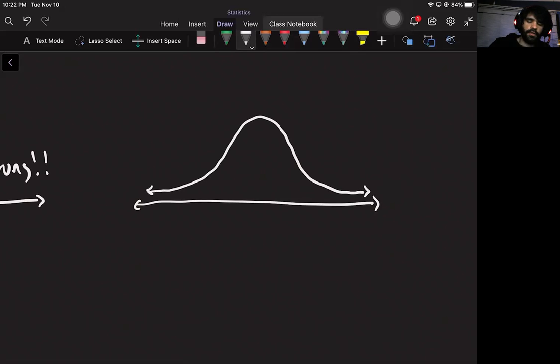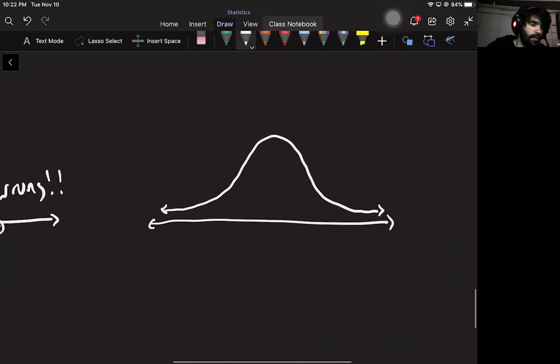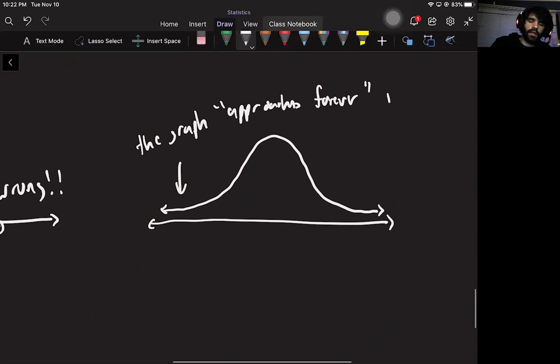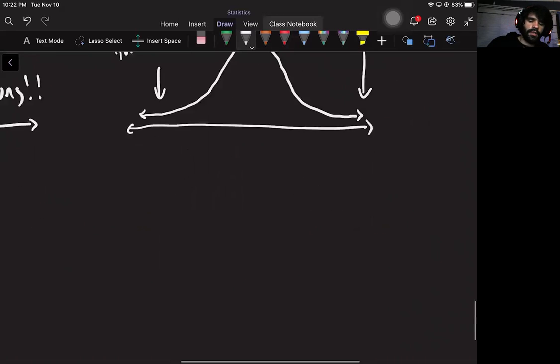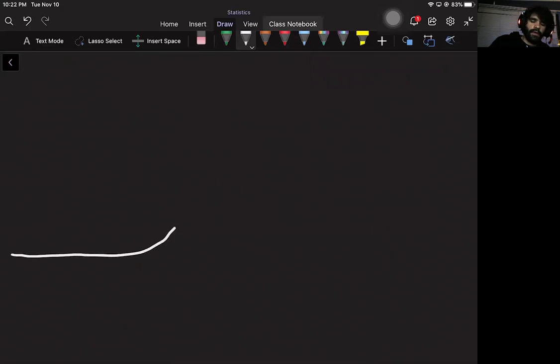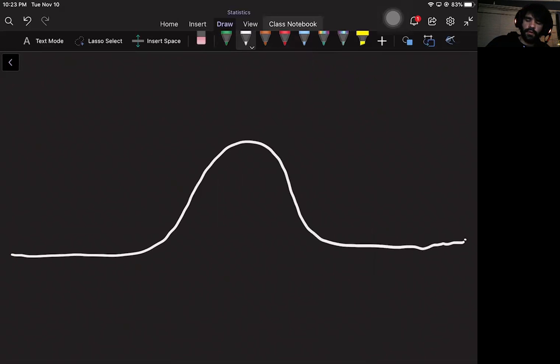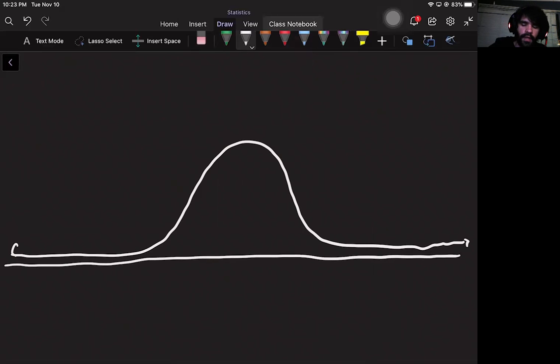But I can't actually draw such a situation, so I just draw it like that. But secretly what's happening is that the graph, you could say, approaches the x-axis forever. That happens on both sides. But we just draw it ending with little arrows because I can't draw further. But if you want to be super precise, you could go something like this, super far, and say, okay, they're very, very close to the x-axis. But we're not going to bother with that. Okay.